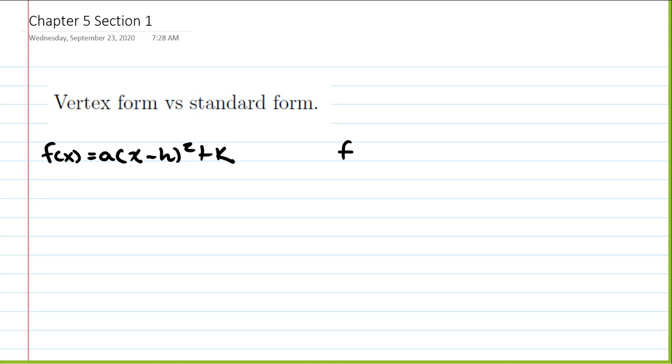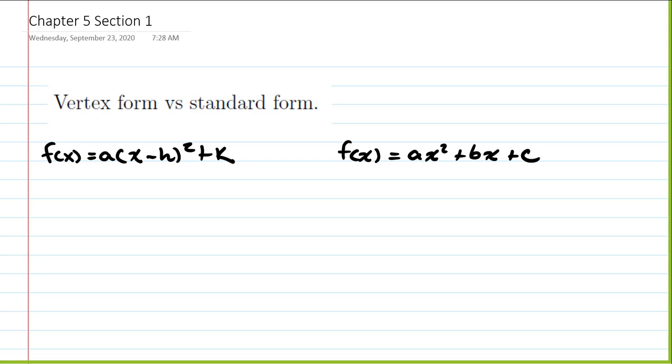And then we have our standard form, which is f of x is equal to ax squared plus bx plus c. So we've used the standard form when we were solving quadratic equations and doing different things like that.